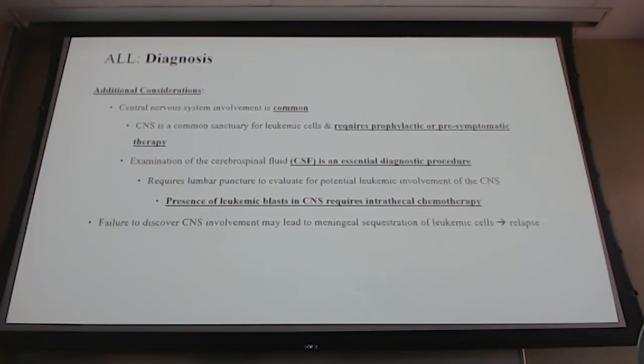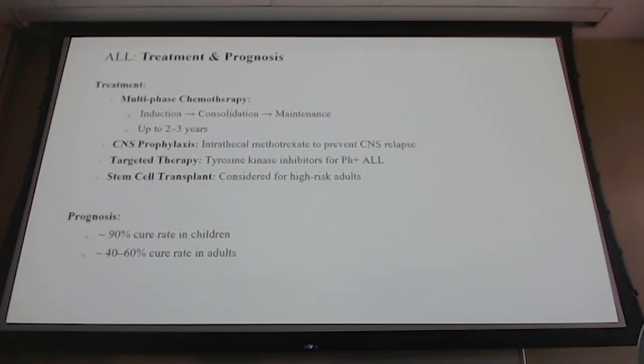So, presence of blasts is going to require intrathecal chemotherapy. So understand that, right? CSF is essential for ALL. You can see the presence of those blasts, you're going to require intrathecal chemotherapy. Now you're going to discover CNS involvement is going to lead to relapse.